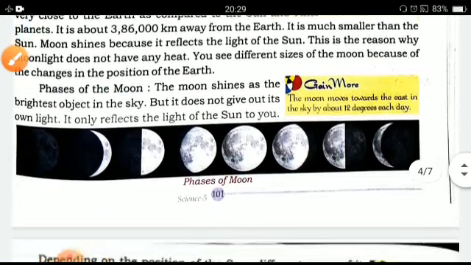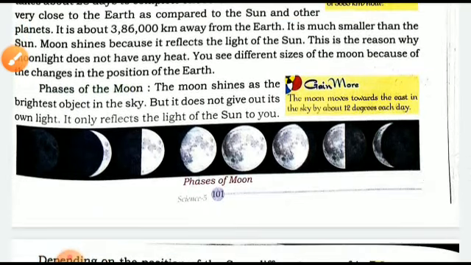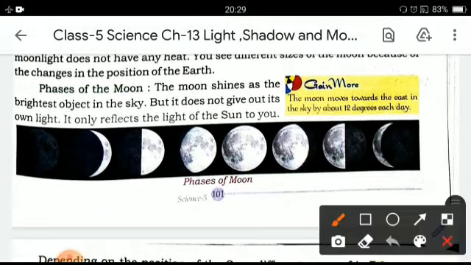Phases of the moon. The moon shines as the brightest object in the sky, but it does not give out its own light. It only reflects the light of the sun to us.